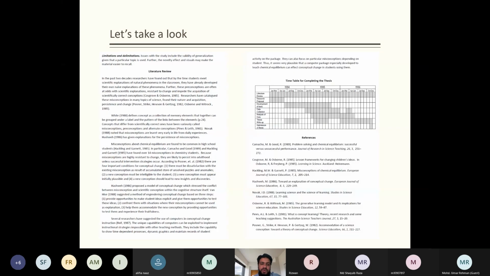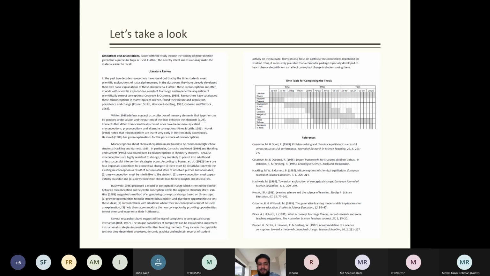Then he has a literature review, which is 4 paragraphs. The literature review is one of the exhaustive tasks of doing research. It's critical, but it's exhaustive. And then finally, he has a timetable for completing the thesis. You need to have a timetable because a PhD program is around 3 to 4 years.